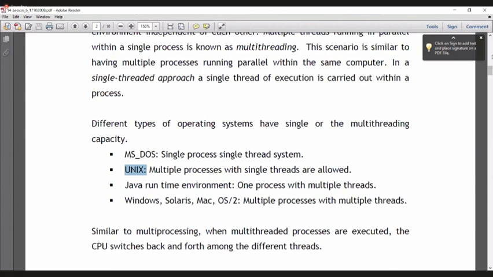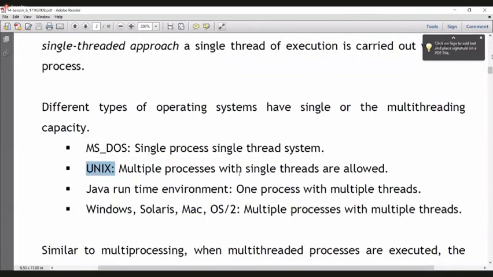In MS-DOS you can run only one program at a time, but in Unix you can run multiple processes, but it still has the single thread concept. I have increased the font size so I hope you can read easily.